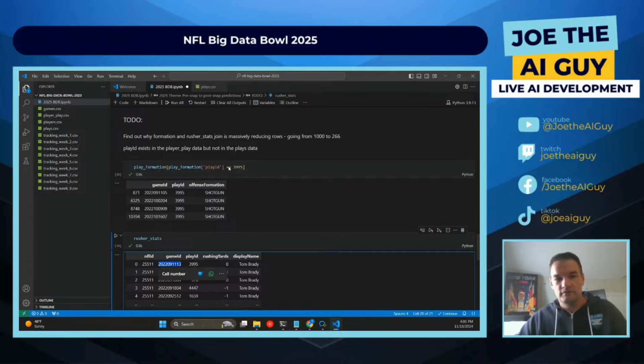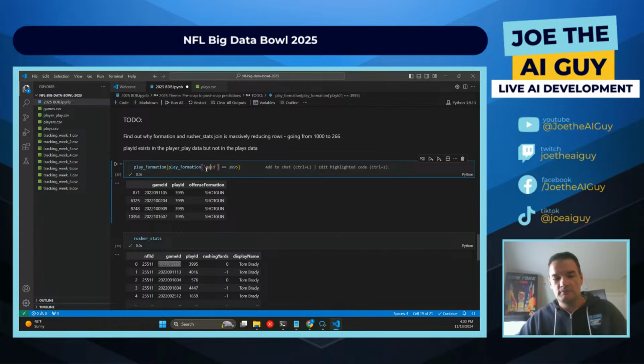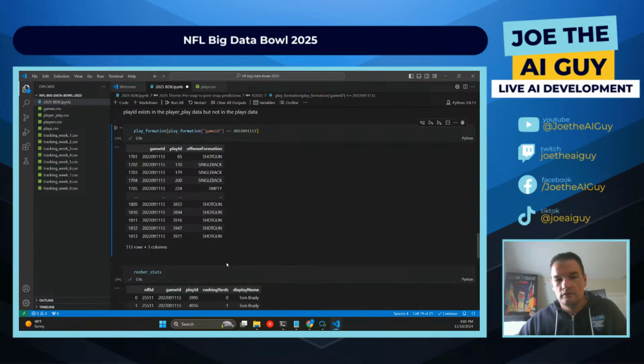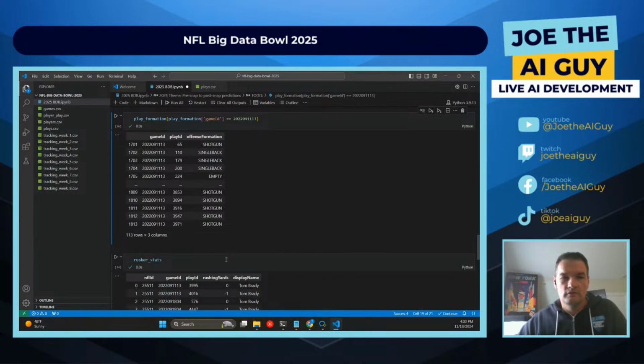If I just tell it to give me the formation based on the game ID, 3995 is not in that data set.